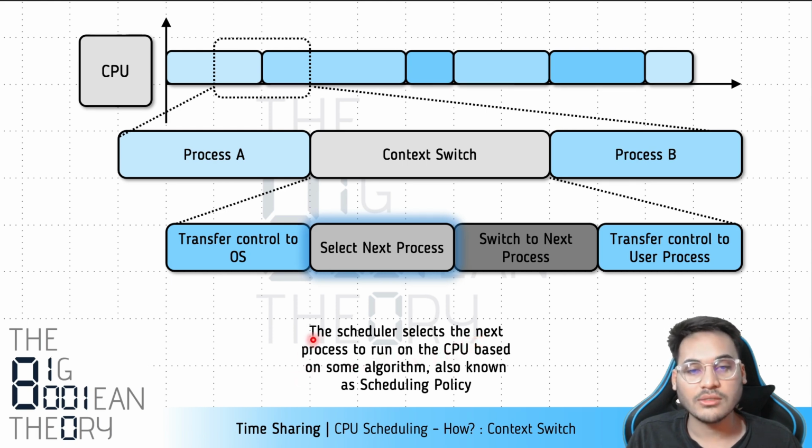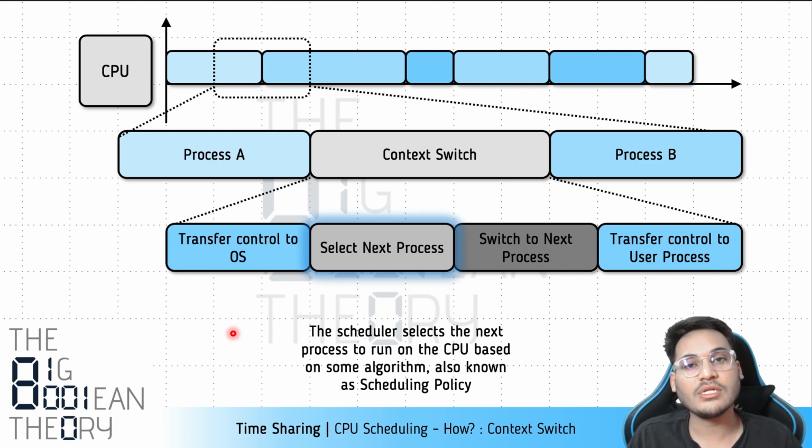As you can see, the scheduler selects the next process to run on the CPU based on some algorithm, and this algorithm is called the scheduling policy. We'll spend a whole topic understanding what scheduling policies are and what different types of algorithms exist that help the scheduler make this decision, in the next topic. For now, at a very high level, you can understand it this way: there are different goals for a computer system, like optimizing for throughput or optimizing for response time.